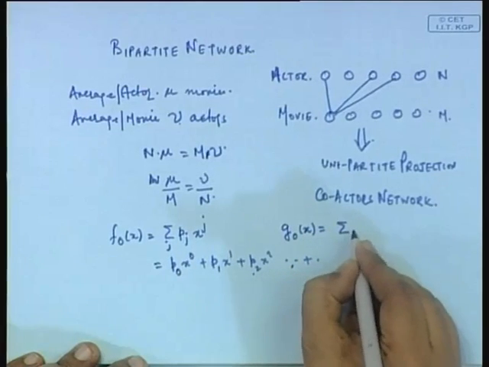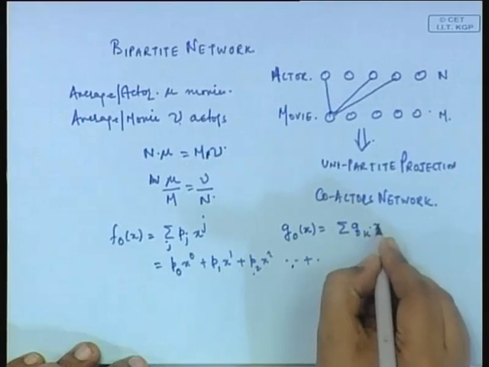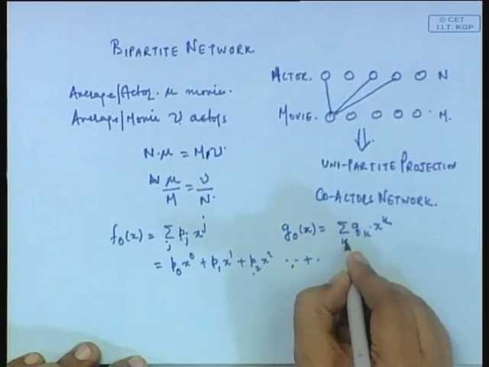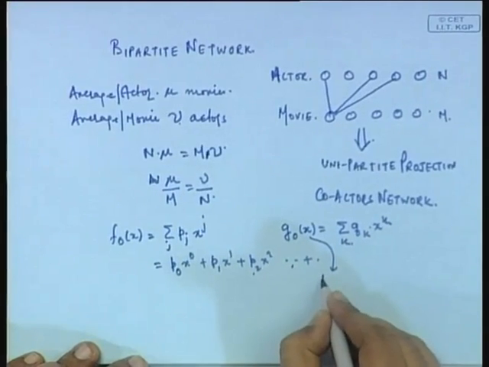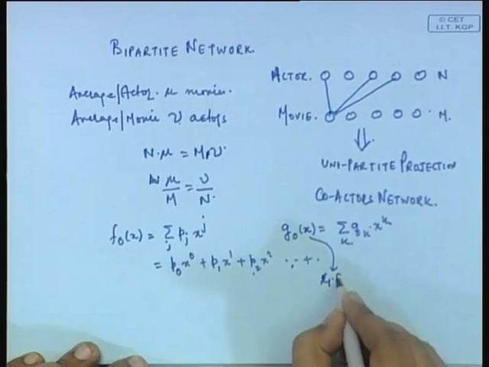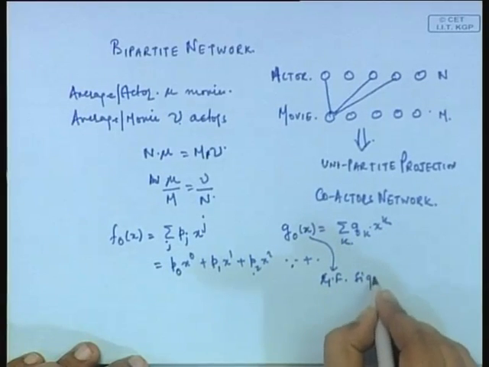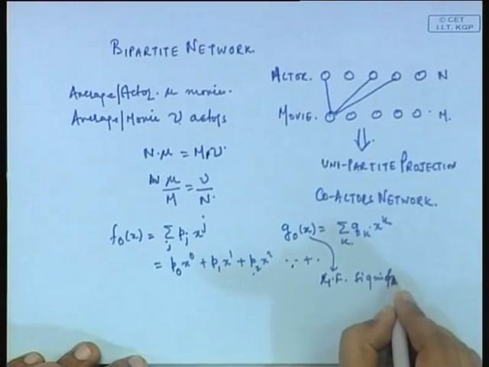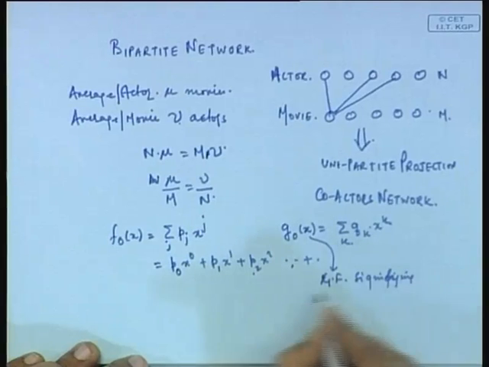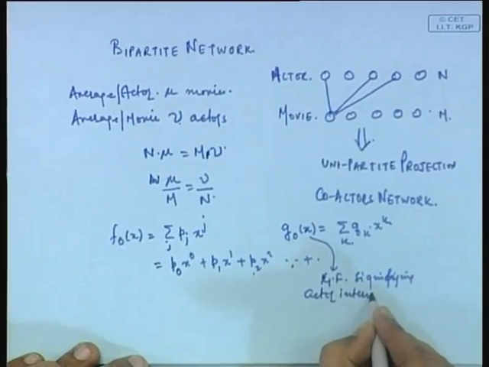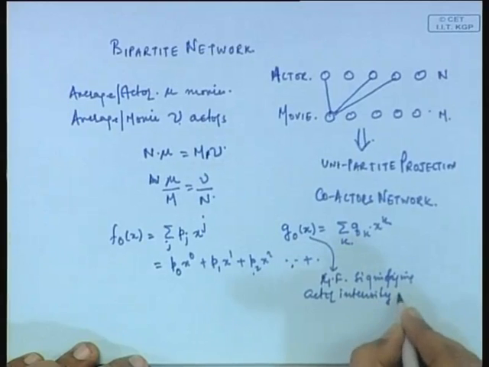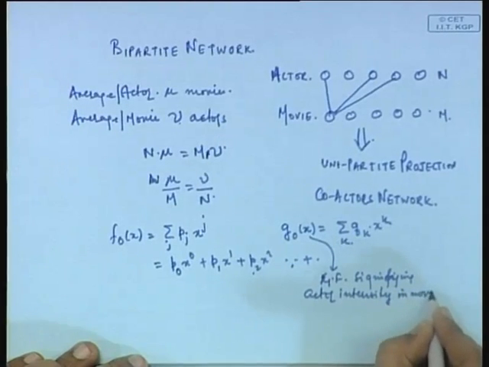And what is G0 x? It will basically be summation of qk x to the power k. This is the movie generating function signifying actor intensity in movies.